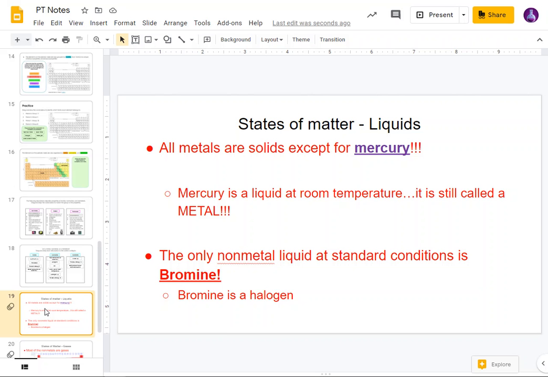And we have that same kind of pressure system, but at normal conditions, the few ones that are liquids on the periodic table are mercury, which is the metallic liquid, and bromine, which happens to be the non-metal liquid. Those ones are really the only ones I want you to identify as liquids at normal conditions, which would be considered what we're normally at.